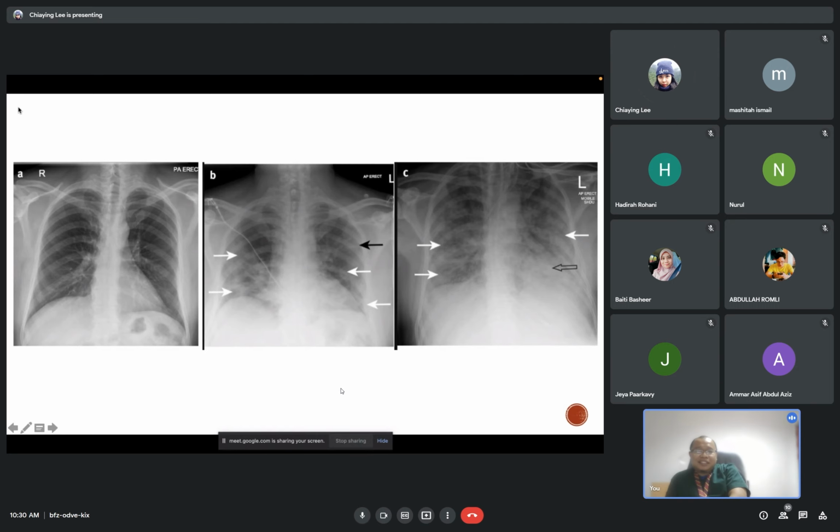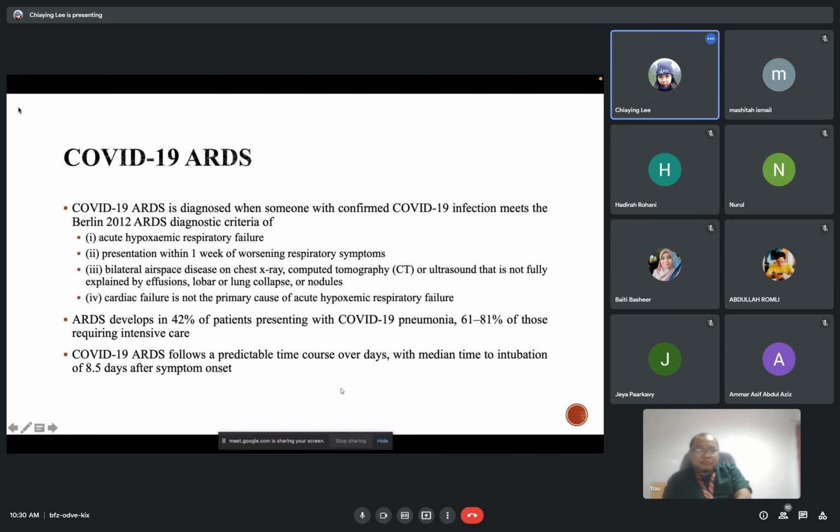Carry on, no worries. Okay, so one of the most worrying things about COVID-19 is that the patient might get into ARDS. Based on the Berlin 2012 ARDS diagnostic criteria, it is characterized by, first, acute hypoxic respiratory failure, and the patient has this presentation within 1 week of worsening respiratory symptoms.